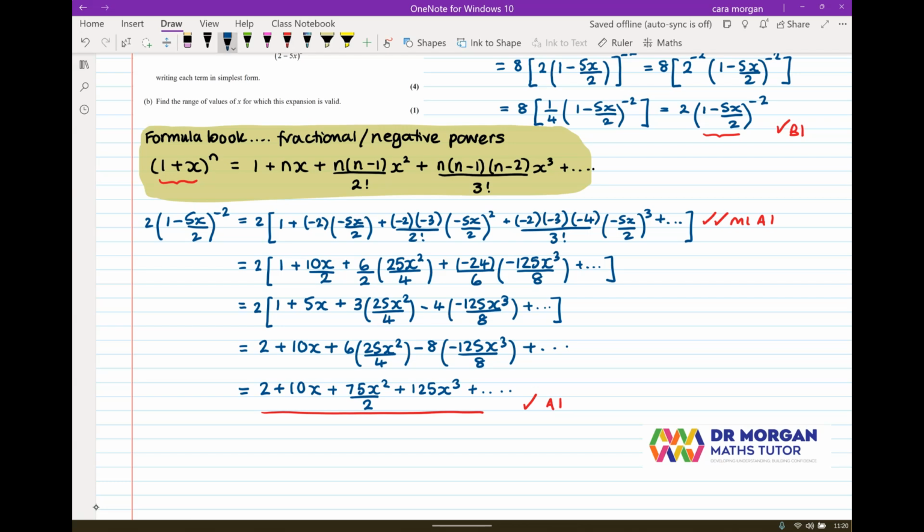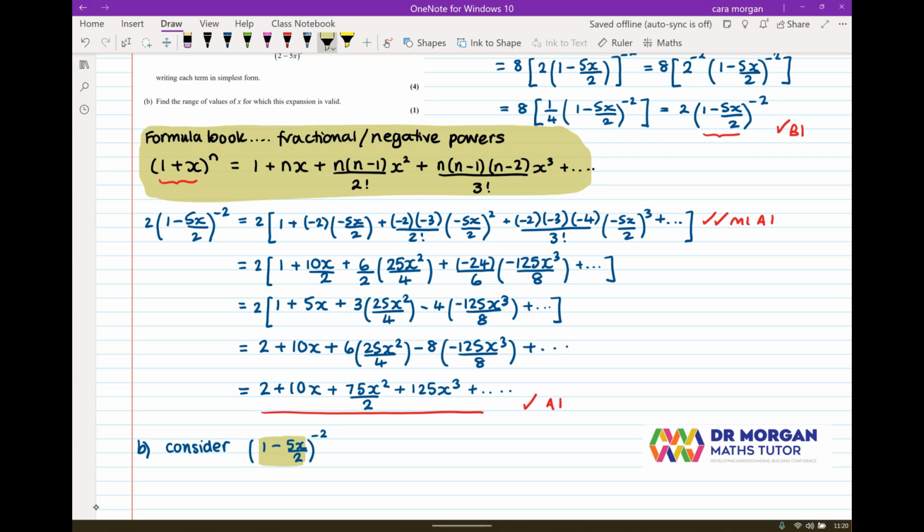Part B says find the range of values of x for which this expansion is valid. And if I think about the actual expansion that I did, we have to consider the bracket just inside the bracket. So I'm just going to consider 1 minus 5x over 2. To the power of minus 2, of course, but it's really inside here that I want to consider.